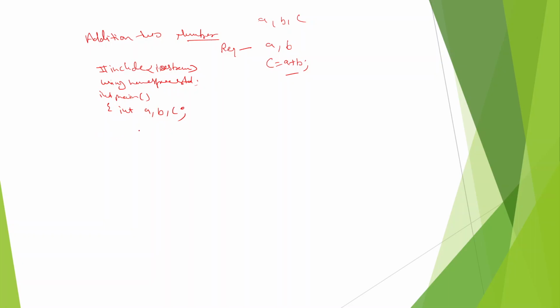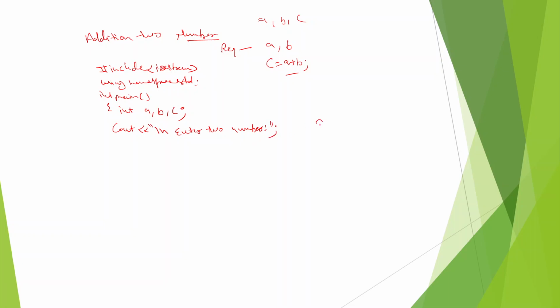Then if you want the user to provide input at runtime, you have to write here cout, new line, enter two numbers.